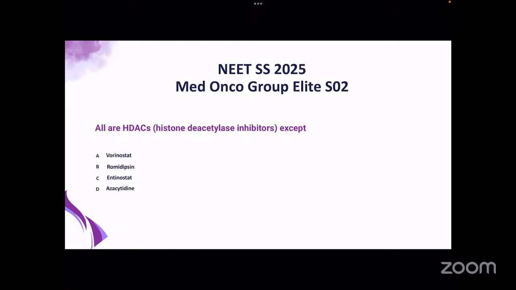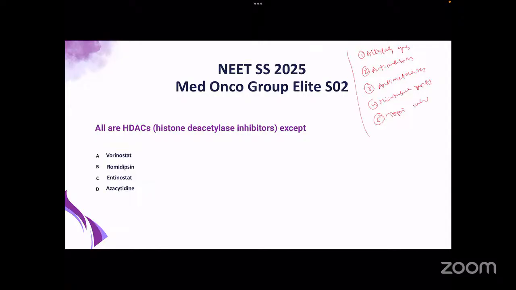So all are HDAC inhibitors except. Broadly, you remember the chemotherapy drug classification. What are they? Alkylating agents, then anti-tumor antibiotics, then anti-metabolites, then microtubule agents, and the last categorization is topoisomerase inhibitors.